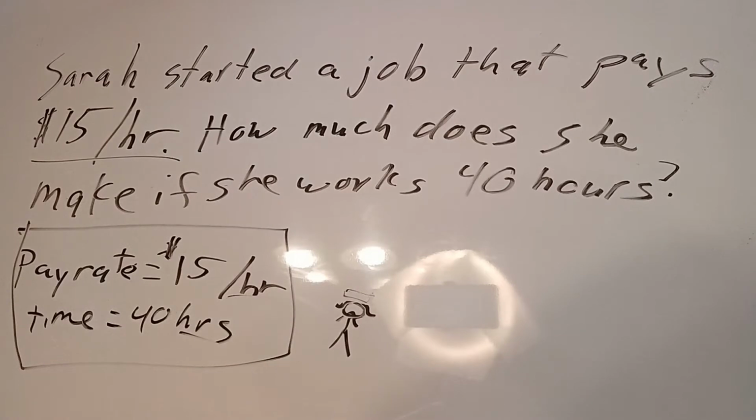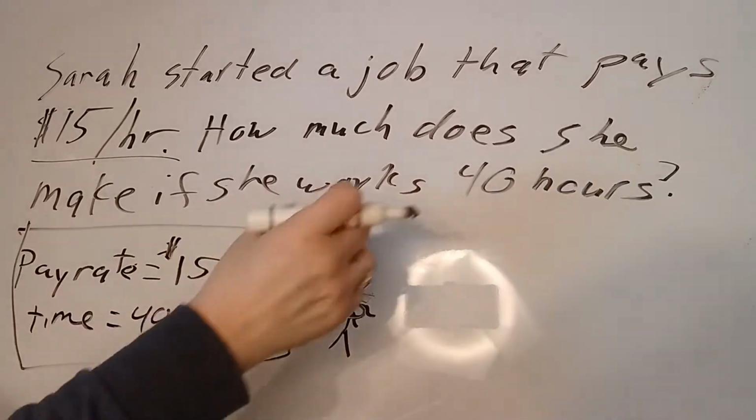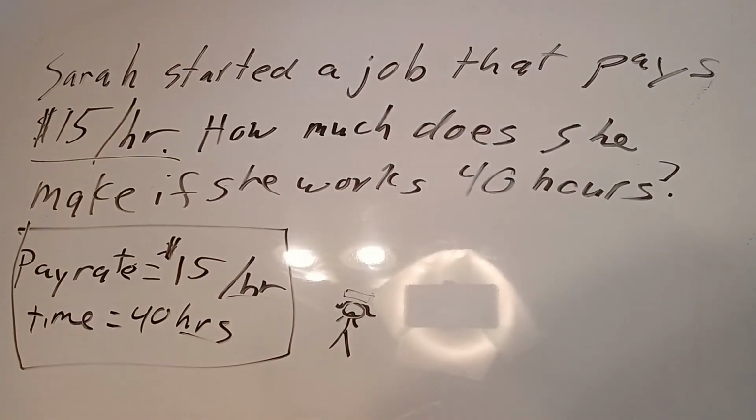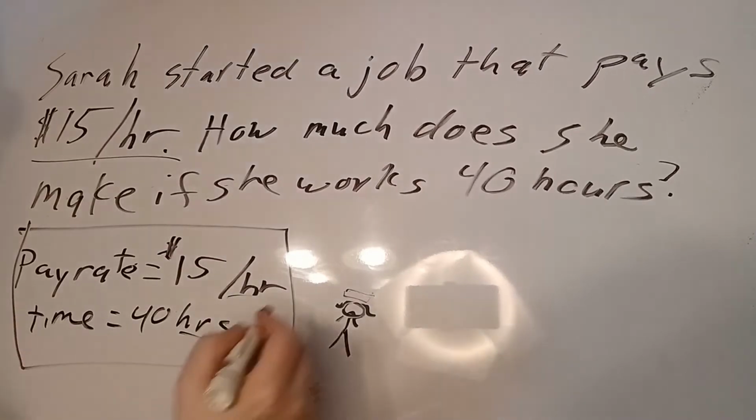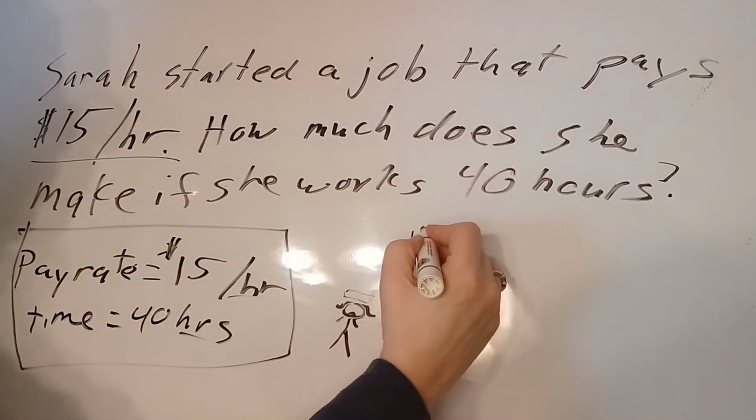She's going to work. So she gets $15 for the first hour, and $15 for a second hour, and $15 for a third hour. So that's multiplication because we're having the same thing copied multiple times. Okay? So she's getting $15 an hour.